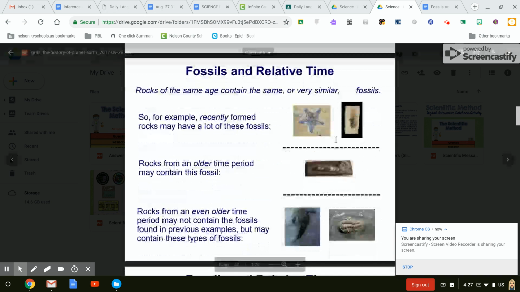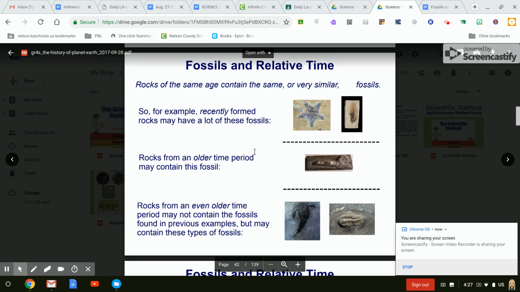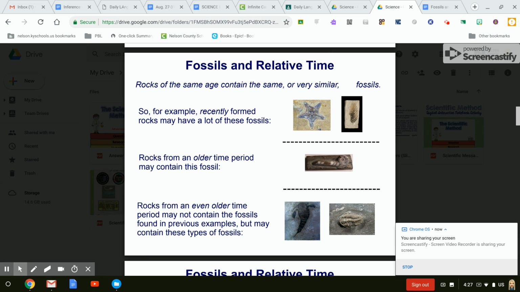So fossils and relative time. This tells us that rocks of the same age contain the same or very similar fossils. So you can look at two different fossils and kind of be able to tell how old they are and if they're similar in age or if one is older than the other. For example, recently formed rocks may have a lot of these fossils. Here we have a starfish and what looks like a leaf.